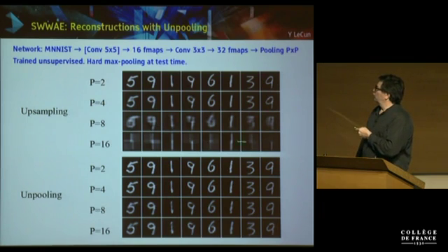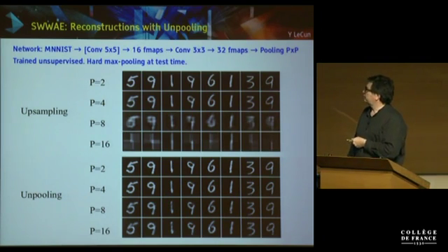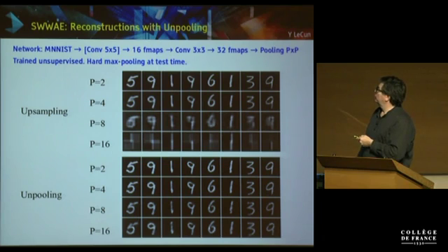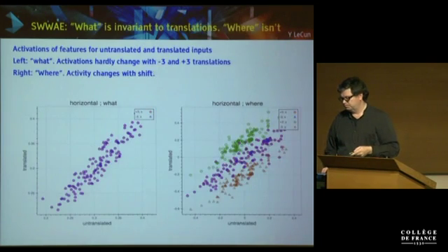But in actual fact, you don't obtain good reconstructions if the input can vary in position, because the system doesn't learn to store positions because it's invariant. But when you do unpooling, as I just described it, you can reconstruct the inputs quite well. Irrespective of this, even with a lot of unpooling, 16 by 16, you can still reconstruct the inputs.